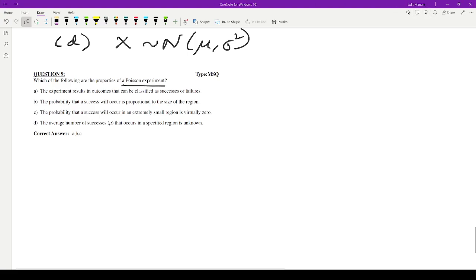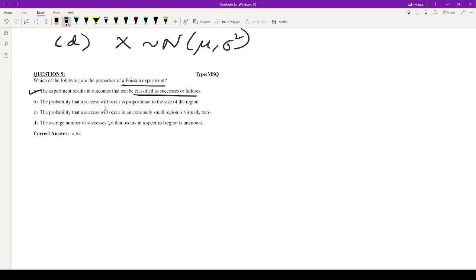Okay, the first one is directly implied by the definition of a Poisson experiment, that we can consider each occurrence as success or failure. So we say that the experiment results in outcomes that can be classified as success or failure. This is correct.